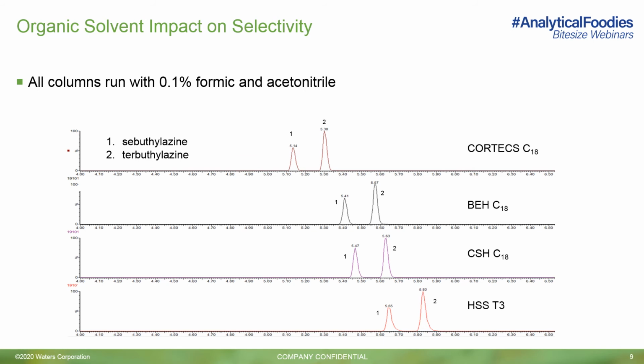When using acetonitrile in place of methanol, it has impacted our separation in 2 ways. Initially, as expected, our compounds of interest have eluted earlier. This is not surprising and expected, again with acetonitrile being the stronger elution solvent. However, in this instance, acetonitrile has also given better selectivity between the 2 compounds than observed with methanol.